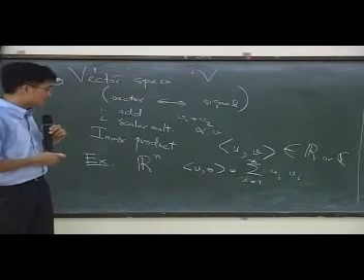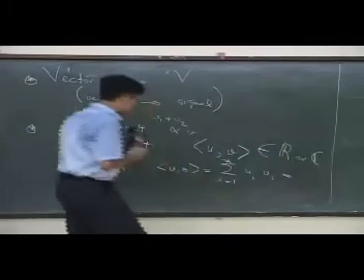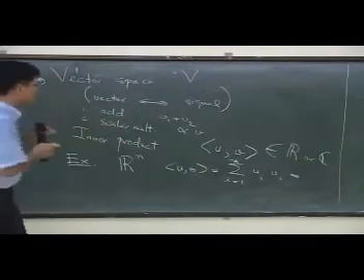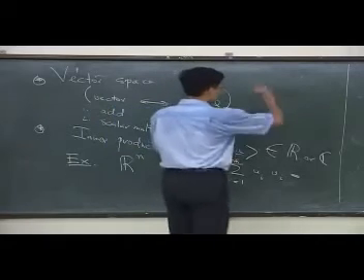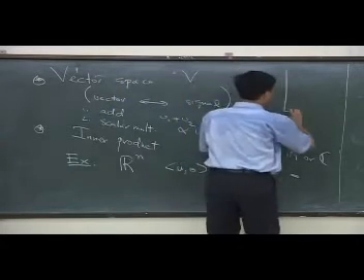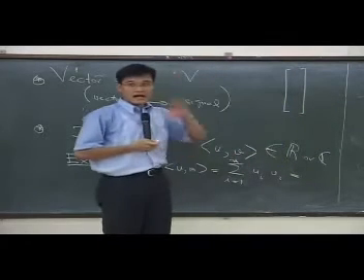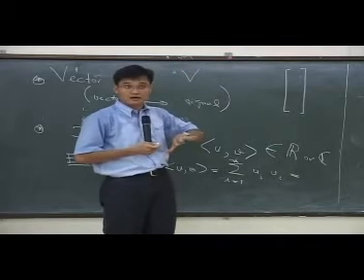Now if I use a vector, a signal vector, typically we write it as a column vector, equal to x1, x2, up to xn.